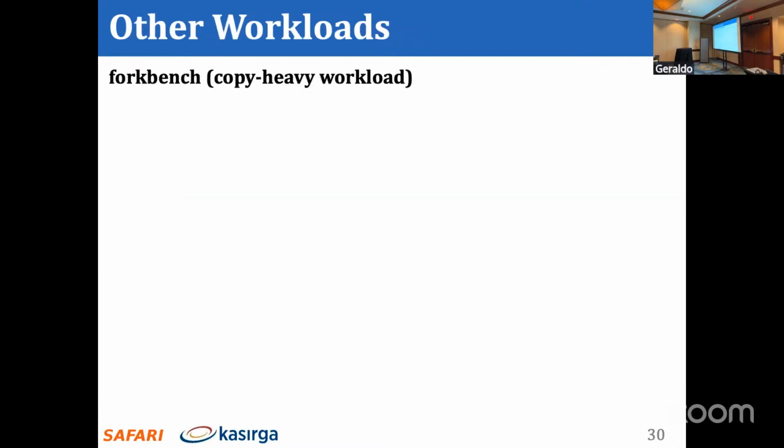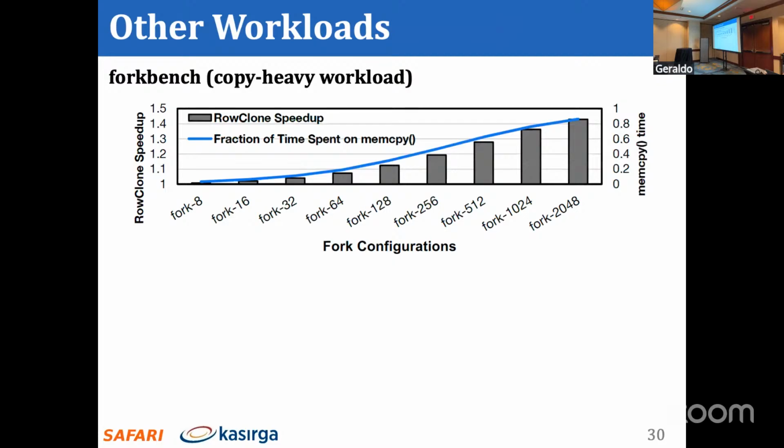I'll summarize the remaining results for other workloads in this slide. This shows the speedup provided by RowClone operations for the fork bench workload when we use RowClone operations instead of CPU copy. The x-axis shows the different configurations of the fork bench workload, where the number after the hyphen indicates the amount of 4 kilobyte pages that we copy after each fork call.